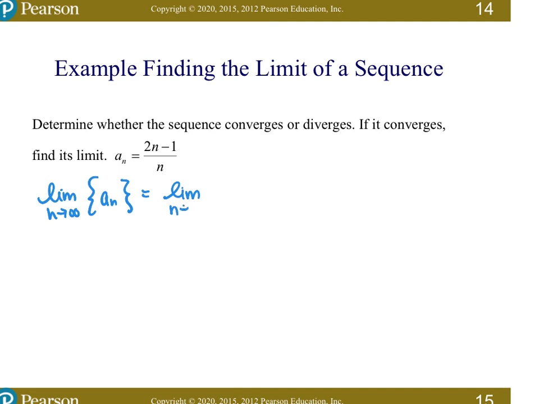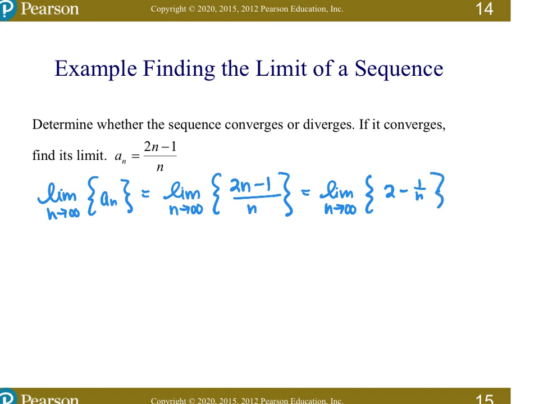And so then I want to take the limit of the explicit formula, 2n minus 1 over n. I want to simplify that. Remember, one of the rules is when you're approaching infinity, you want to divide everything through by the highest power of the variable expressed. So I'm going to divide everything through by n. And so I'm going to end up with 2 minus 1 over n.